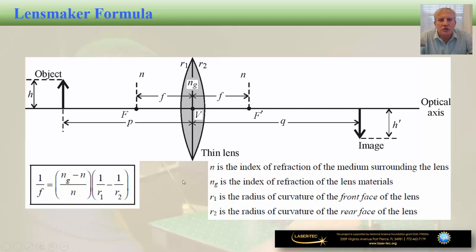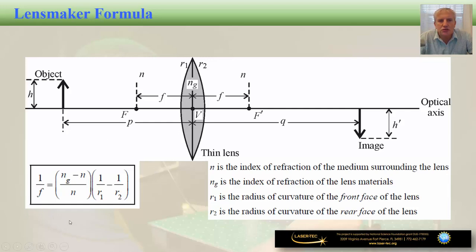There's a formula known as the Lensmaker Formula that can be used to calculate this focal length as a function of the materials the lens is made out of, the environment in which the lens is positioned, as well as the radii of the two curvatures of the lens.